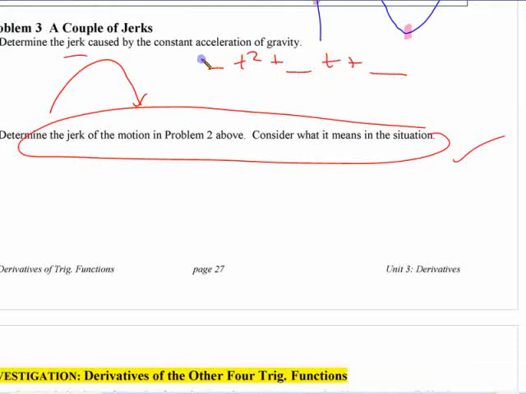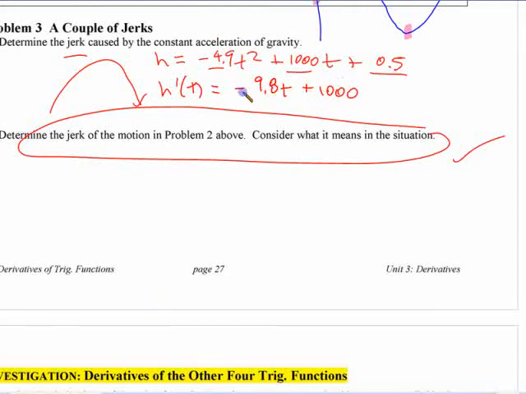Negative 4.9 t squared if you're doing it in metric, plus 1,000 t, since you launched it at this incredible vertical velocity, 1,000 meters per second, and you launched it from the top of 2 feet, 0.5 meters. If that's your function for the height, h of t, and you want h prime of t, it is going to be negative 9.8 t plus 1,000.